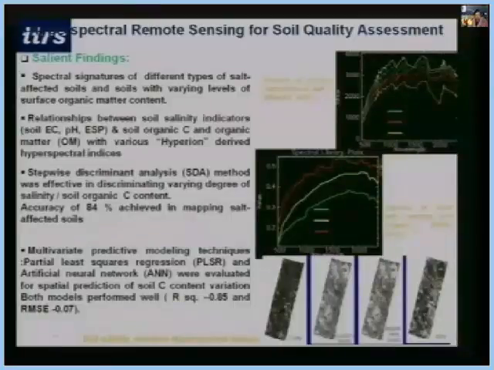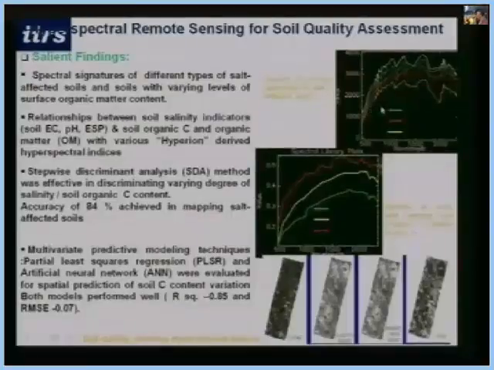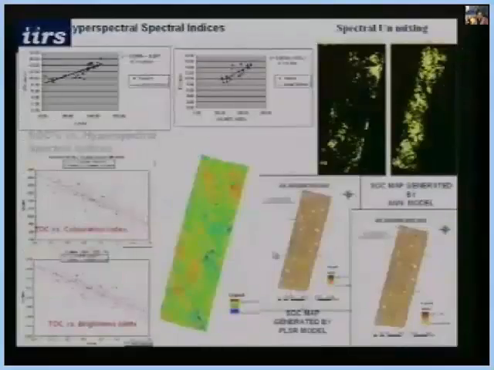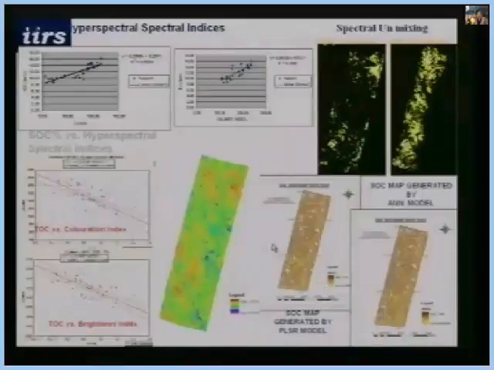If you look here, you can see on the right hand side the spectral signatures of different types of salt affected soils with varying levels of surface organic matter content, and the relationship between soil salinity indicators and soil organic matter with the Hyperion data was established, and accordingly soil salinity indexes were determined, and then the soil organic content mapping was also attempted using the hyperspectral datasets.